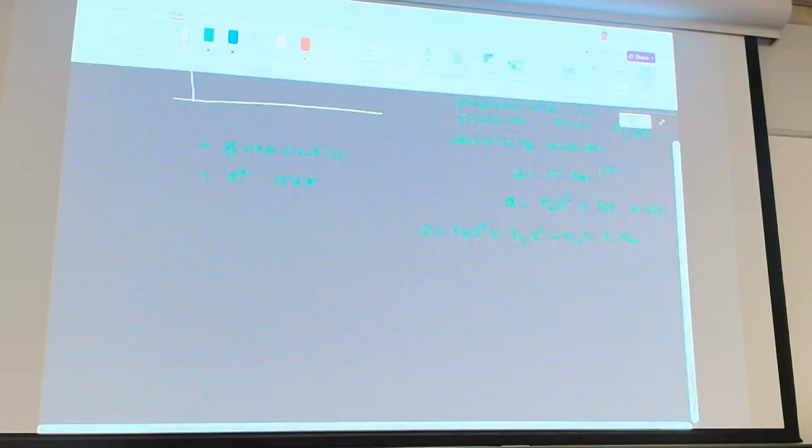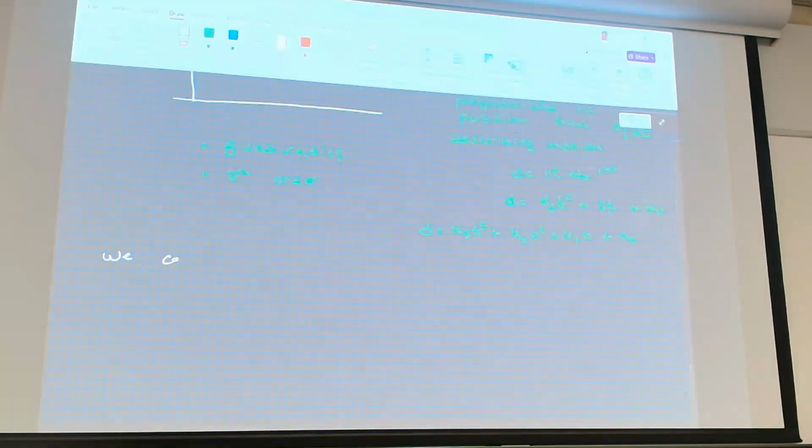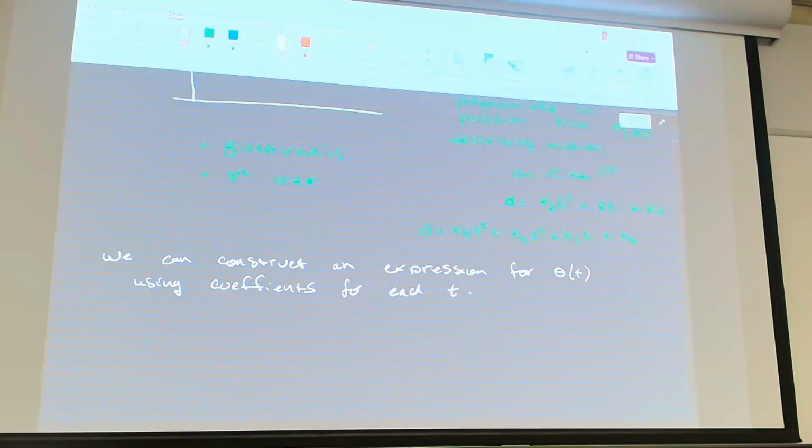So if we write this in terms of theta, we can construct an expression for theta as a function of t using coefficients for each time polynomial power.